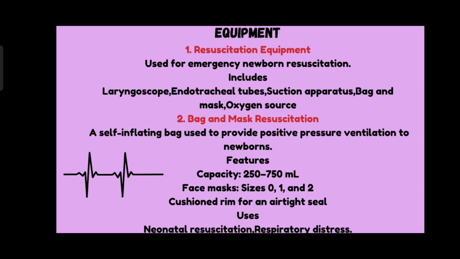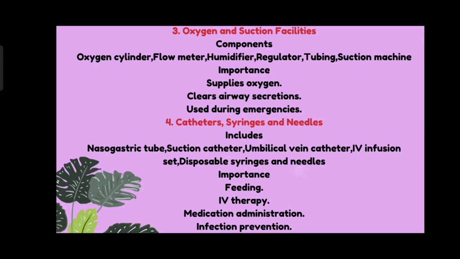Then second one is the bag and mask resuscitation, which is a self-inflating bag used to provide PPV to the newborn babies. The capacity should be 250 to 750 ml and 3 sizes of face mask are available, 0, 1 and 2, and a cushioned rim for an airtight seal will be there. It is used for neonatal resuscitation and also for babies who have respiratory distress.